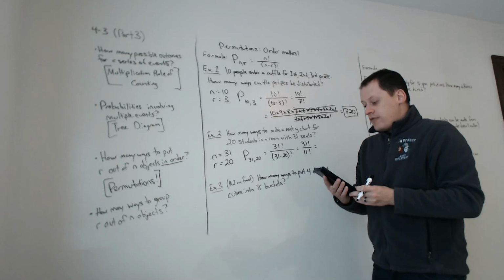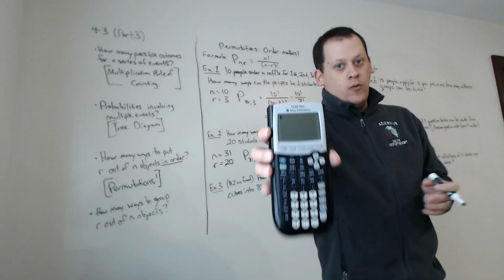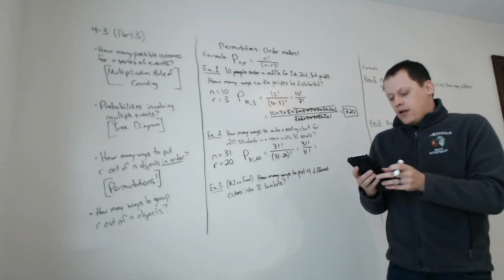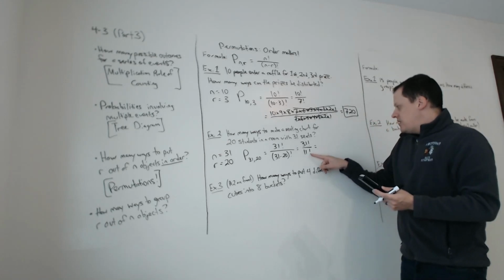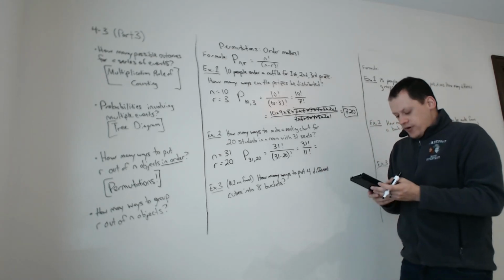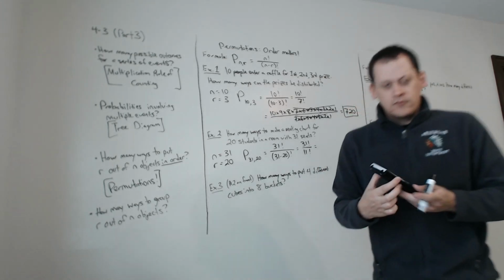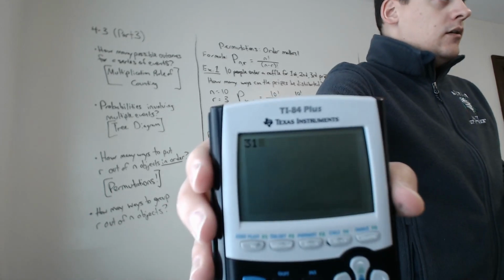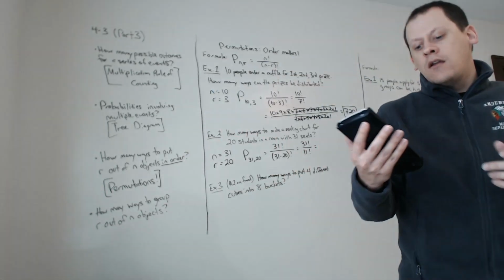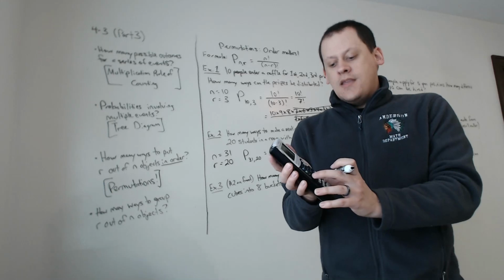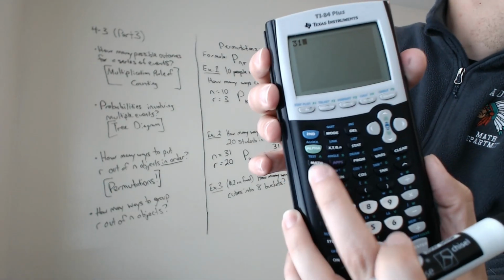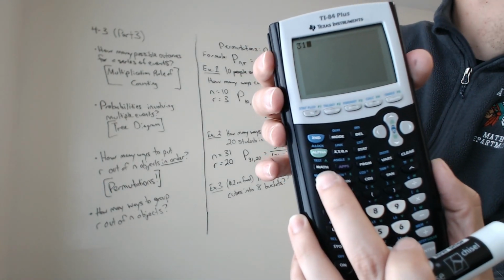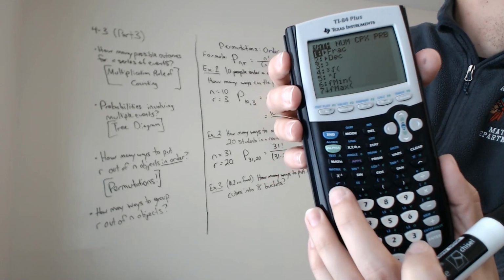So for those of you that have a TI-83 or 84, if you want to do this, type in your 31, and then go straight to the math key. Math, that's this one right here below the alpha button. Okay.